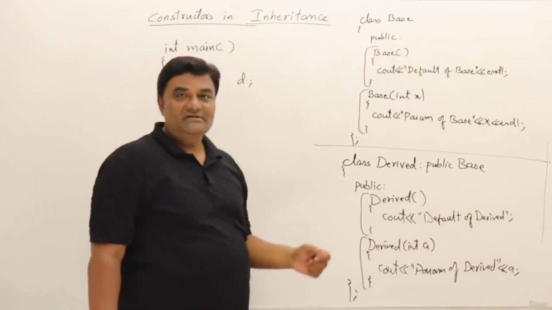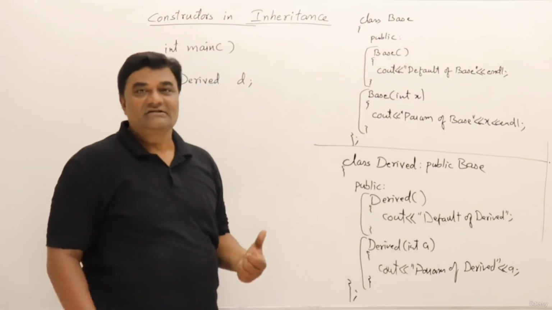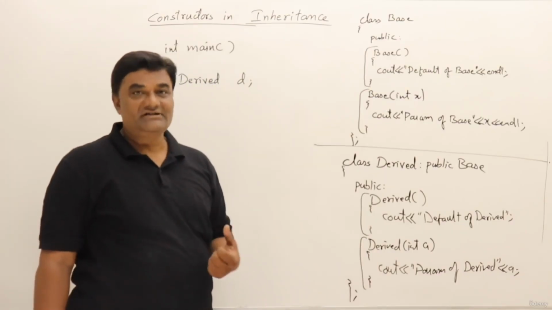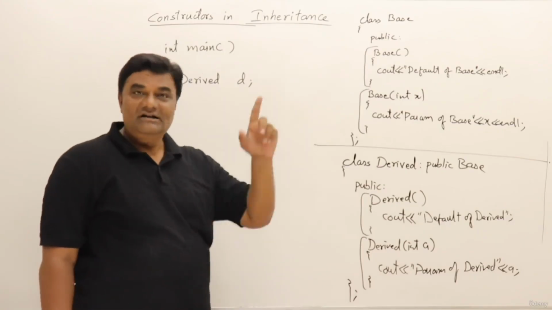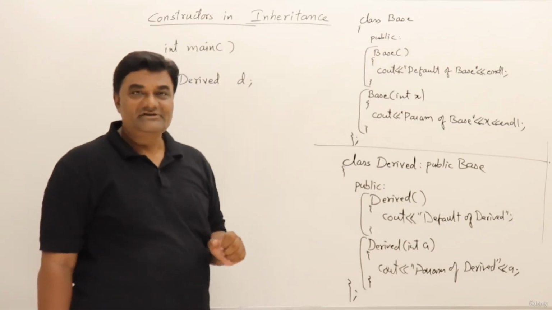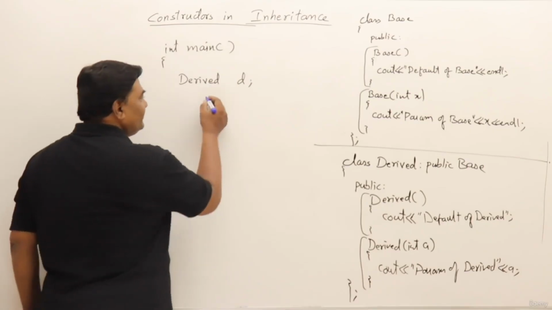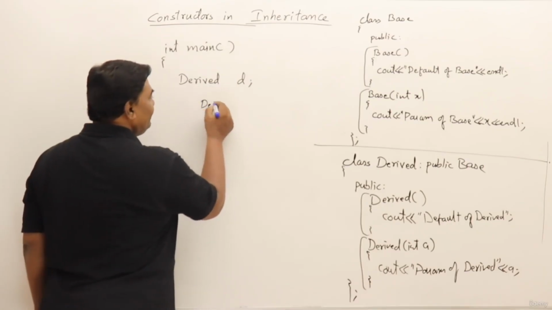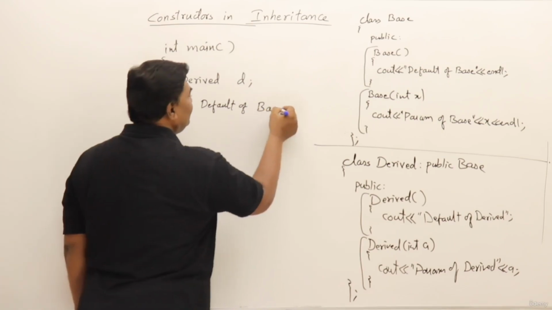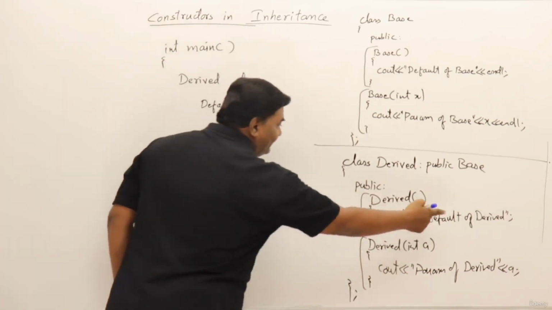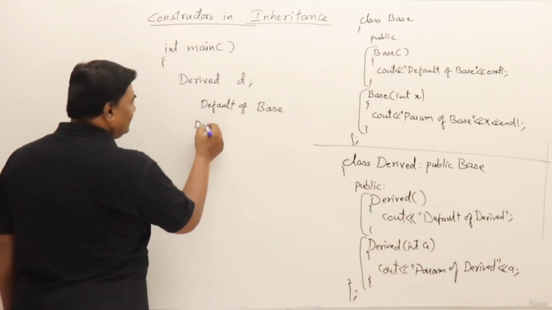Parent class constructor. But there are two constructors in the parent class. Which constructor will execute? The default constructor. So by default the constructor of the parent class will be executed. Let us see what that is. So first it will display default of base, and then it will display default of derived.